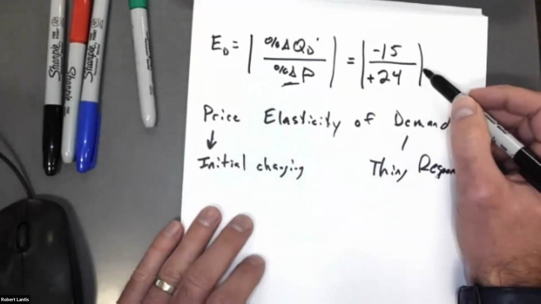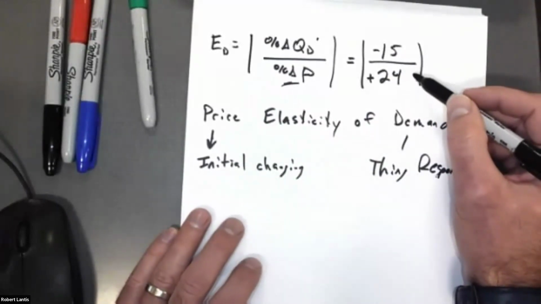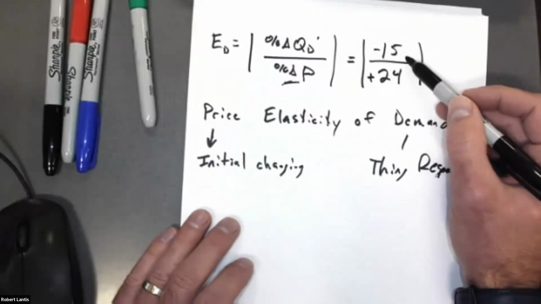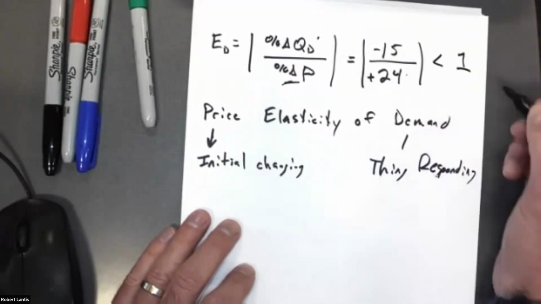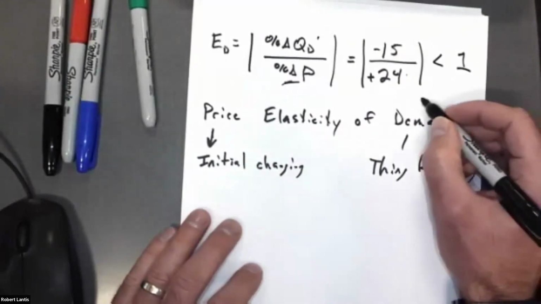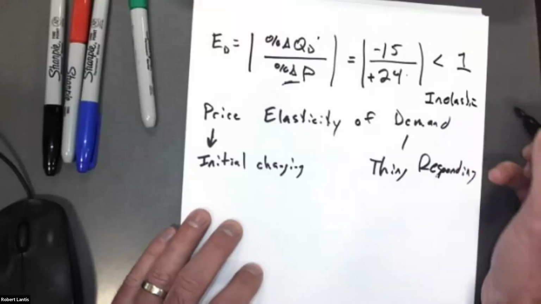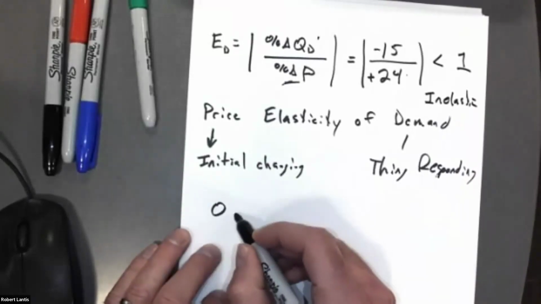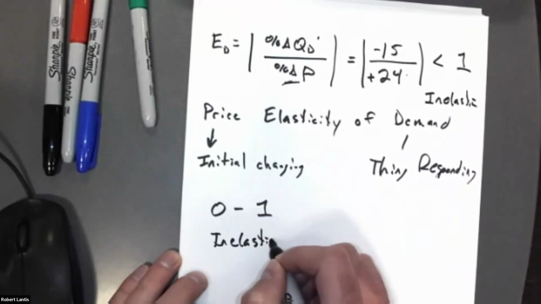So here, I don't even know what this works out to be off the top of my head, 15 over 24. Well, if we're just trying to determine elasticity, if the numerator is smaller than the denominator, we know that elasticity is going to be less than 1. So we know that we're going to have inelastic demand, right? Our range is there where anything from 0 to 1 was inelastic.